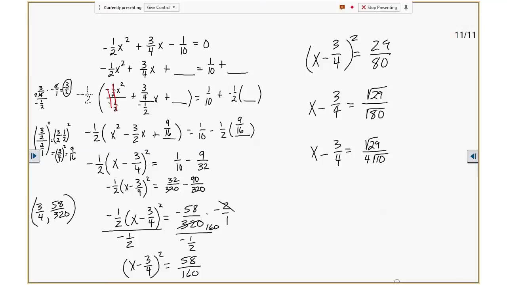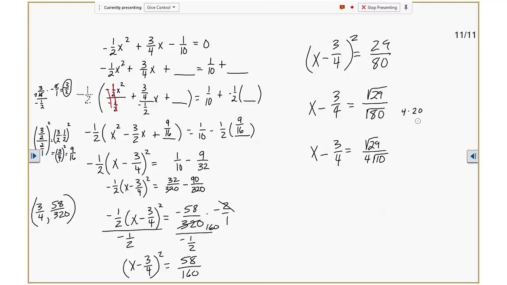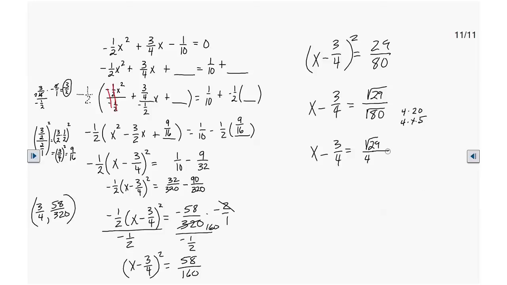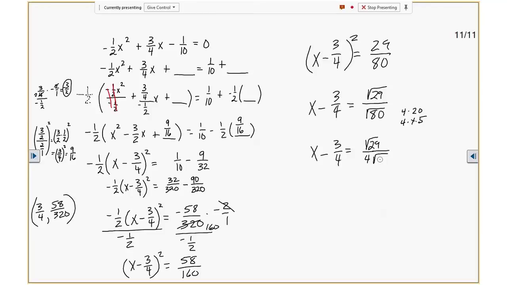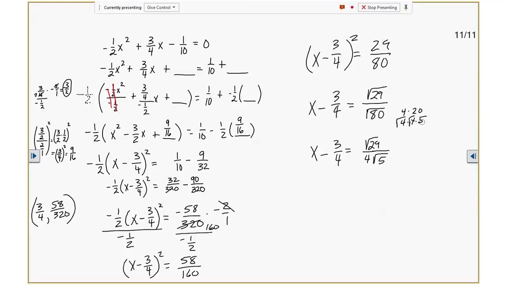Let's check that. 4 square root of 10? Square root of 10 is 3. So I think that's right. Let's see. 4 times 4 times 5, square root of 5. Right? 16 times 5 is 80.